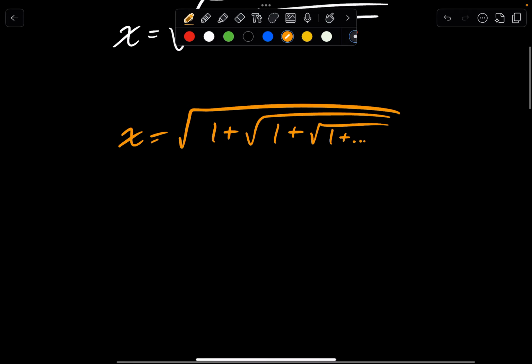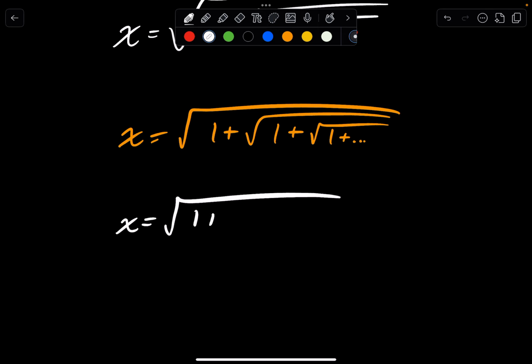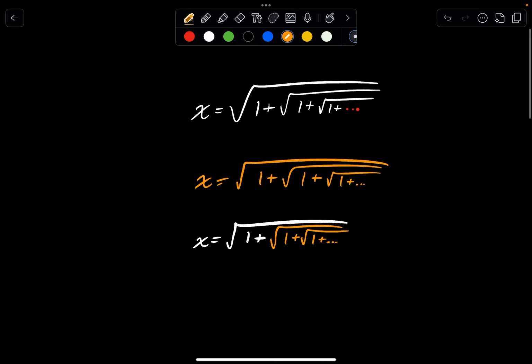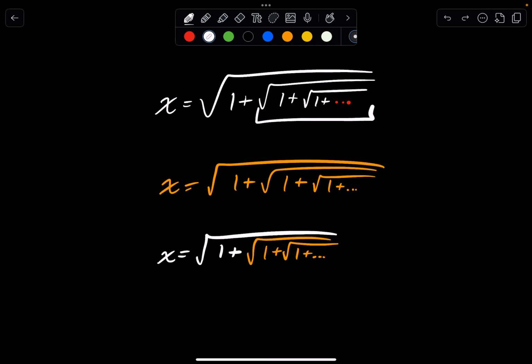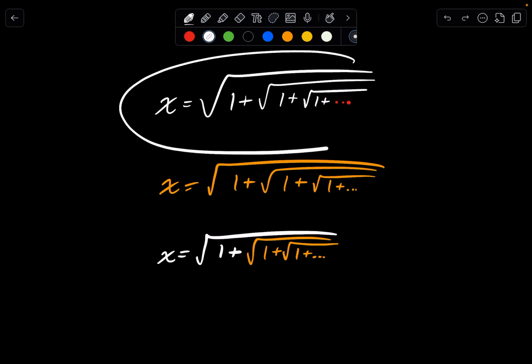Now I'm going to rewrite the same thing, but just using different colors. X is equal to the square root of 1 plus the square root of 1 plus square root of 1 plus infinitely many times. So immediately, now it becomes very clear that this inside radical, the square root of 1 plus square root of 1 infinitely many times, is indeed the definition of x, as we claim so.